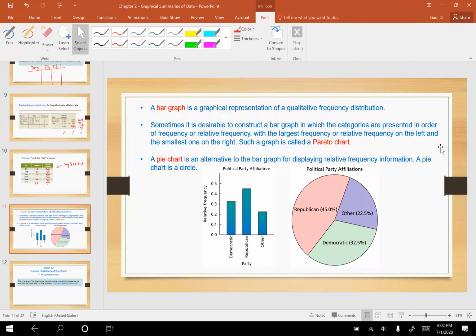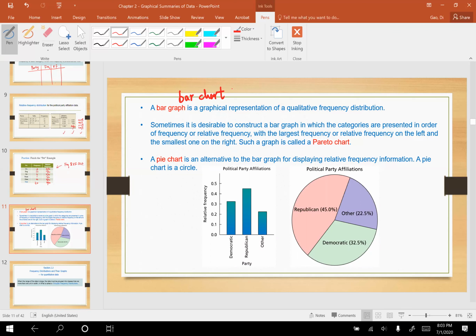Now let's look at the graph. We're going to introduce something called a bar graph, or a bar chart. It's the same thing. A bar graph or bar chart is built on top of the frequency distribution.